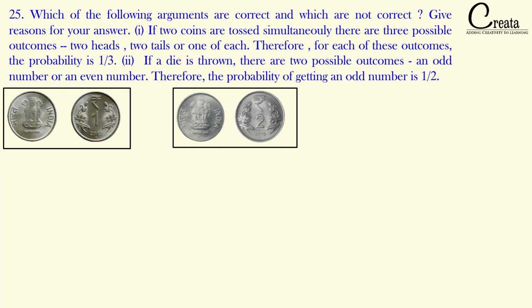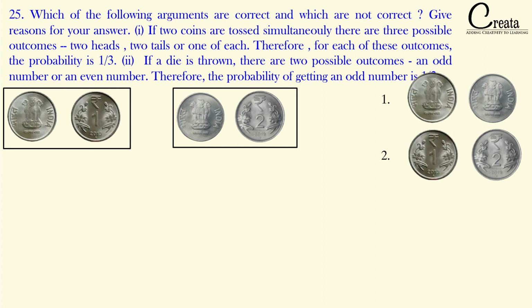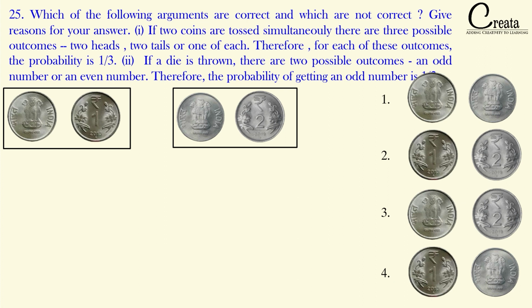If we toss the 2 coins, we will get total 4 outputs. That is head head, which is given in the question, tail tail, which is also given in the question. But after that we will get head tail or tail head. It means total 4 outputs will be there. So the understanding in the question is not correct, or we can say it is false.